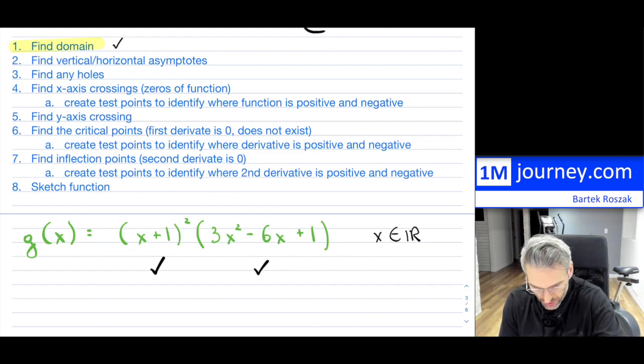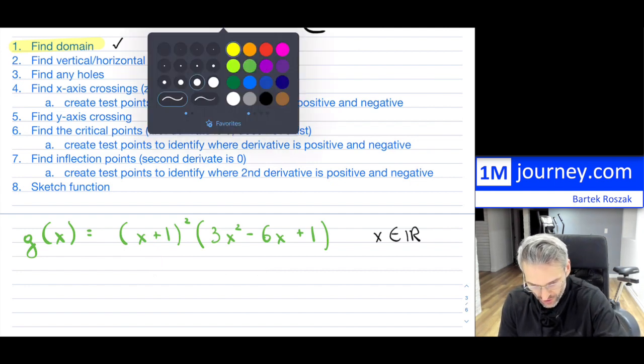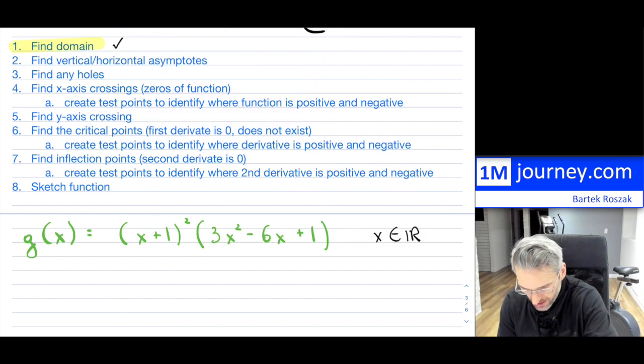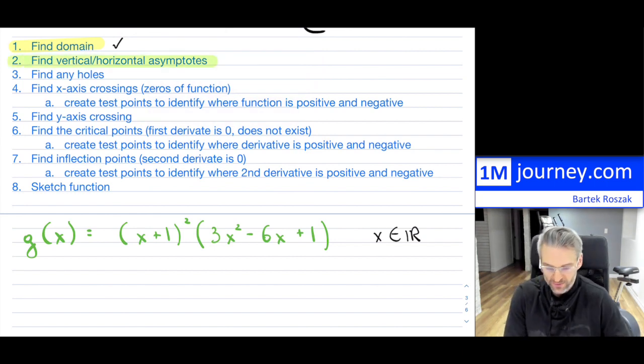Step number 2, the next thing that I like to do with these sketches is to see if there are any vertical or horizontal asymptotes. Now, this only applies when you have a denominator, so some kind of reciprocal function, or you're dealing with irrational functions where there are things in the denominator to worry about.